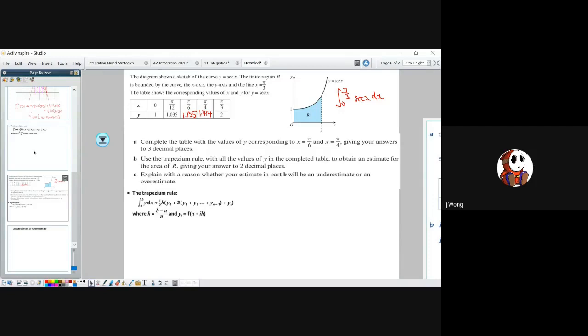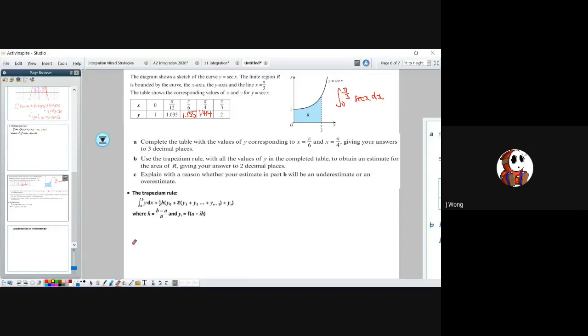So let's have an example with how we could find the area using the trapezium rule and using the formula given, which is in this case here. If I would like to find the area of R from 0 to pi over 3, they have provided us a table to fill in.